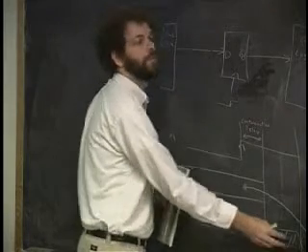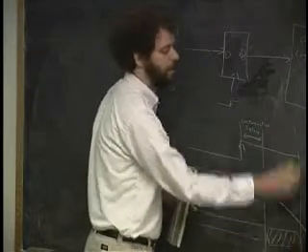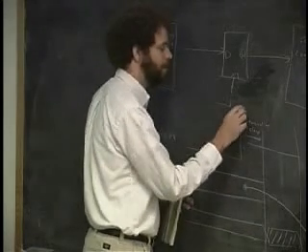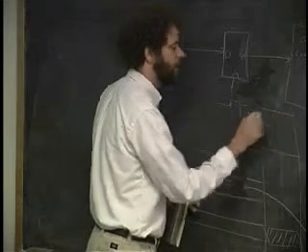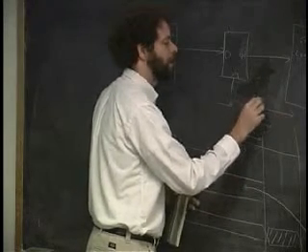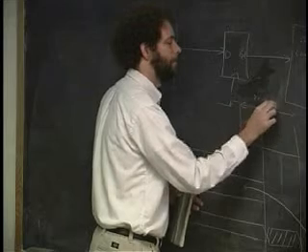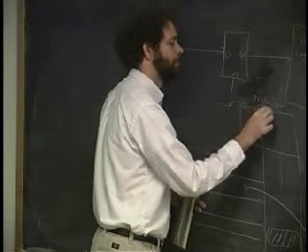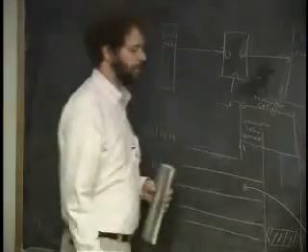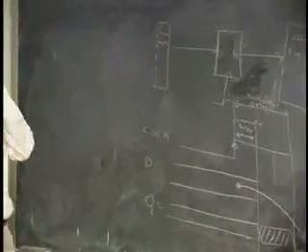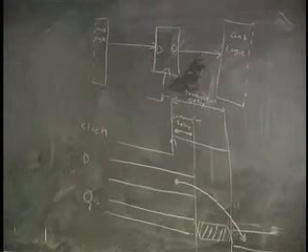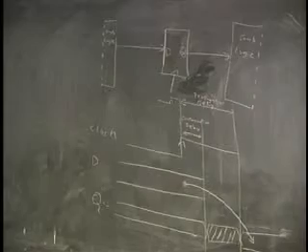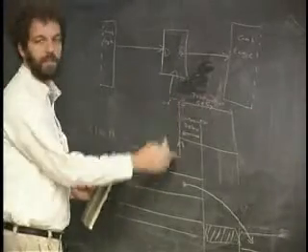Then it takes time to do the change, and so the time from the clock going from here to here is called the contamination delay. It's called the propagation delay, both of these, yes, they both start at the edge of the clock tick.